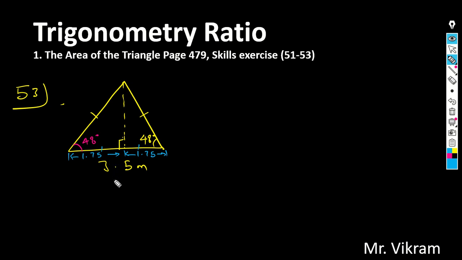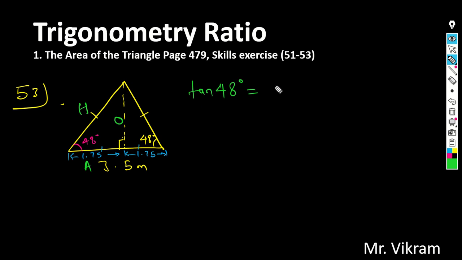Okay, so now let's check which ratio we can apply to find the other side. I know this side is 1.75, this angle is 48, and this angle is 90 degree. First I need to see which side is the hypotenuse. So this is 90 degree, this is the hypotenuse. This is 48, opposite to this is the opposite side, and this is definitely adjacent. So I can apply tan 48.